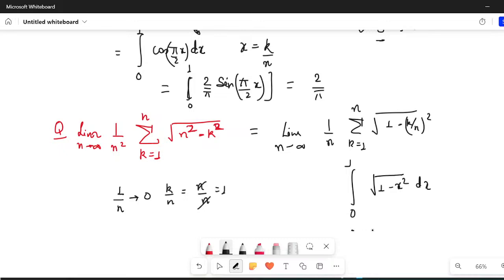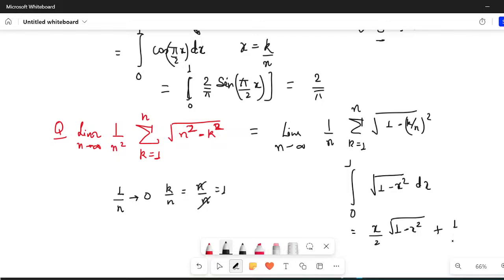This integration is equal to what? It is x by 2 root over 1 minus x square, and then plus a square by 2.